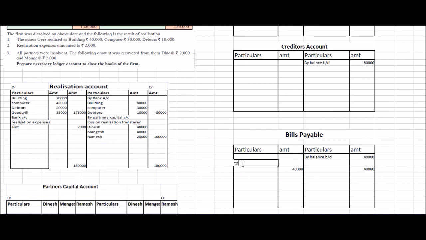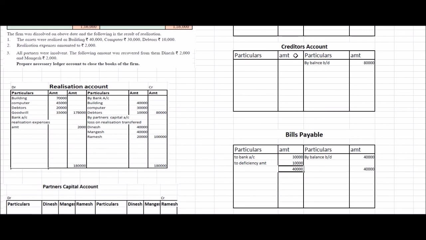To deficiency amount, 10,000, and to bank account, amount is 30,000 rupees. So the total amount on both sides is balancing. 10,000 is the deficiency amount for the bills payable account.